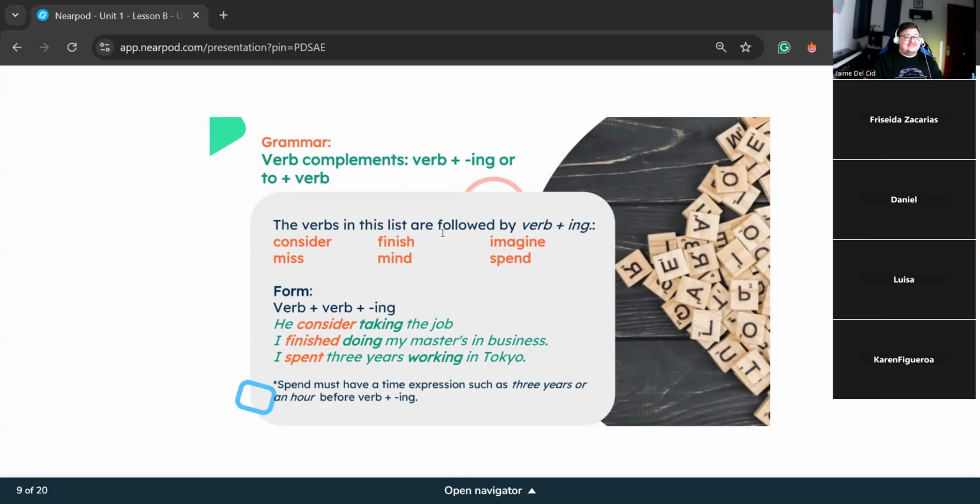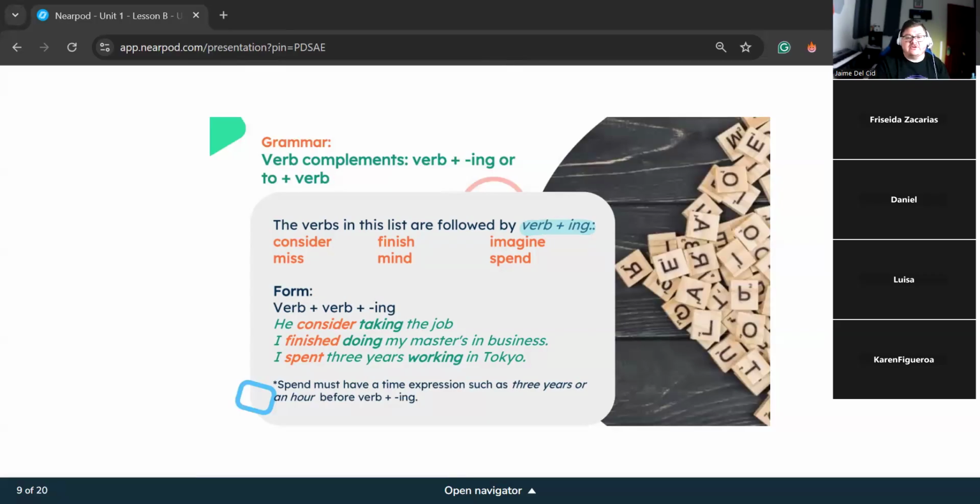Verbs in this list are followed by the verb ing. If you have these verbs, then the next verb is ing. Okay? The words consider, finish, imagine, miss, mind, or spend. And here I strongly recommend for you to write it down as a list, okay?